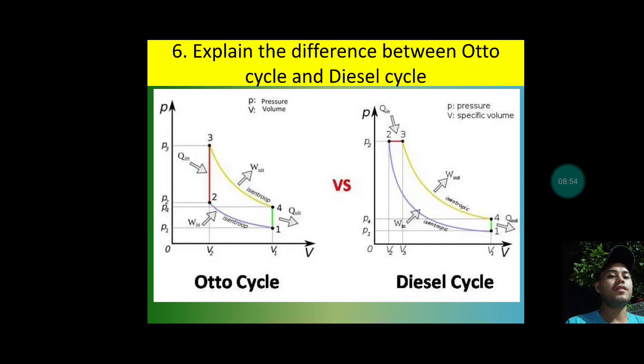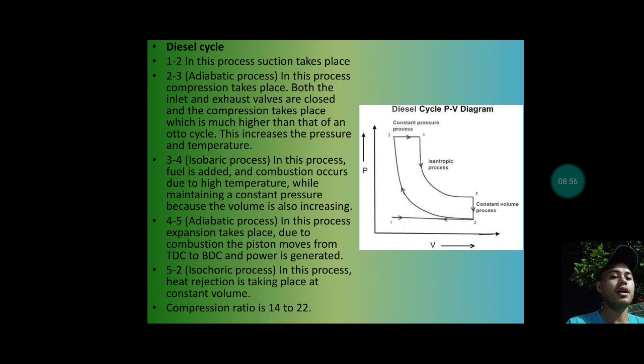Okay, so first we have the Otto. 1 to 2 is the intake, in which air is drawn inside the cylinder. Pressure is not increasing, and since the piston is moving downward, the volume is increasing.